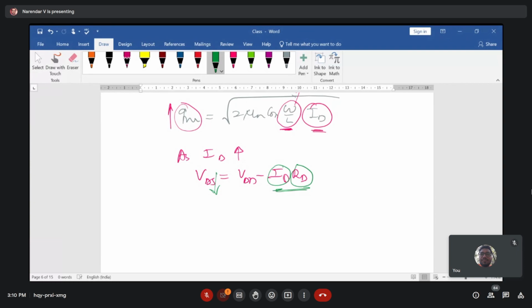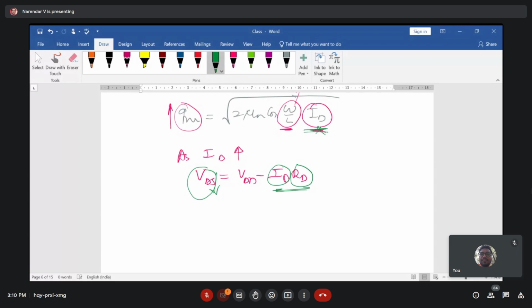That is not a good sign. It means you should not increase the ID value, because an increment in ID results in a decrement in your VDS. The transistor then enters linear from saturation, which is not an advisable choice. Then make ID constant and increase the W by L so that GM can be increased.